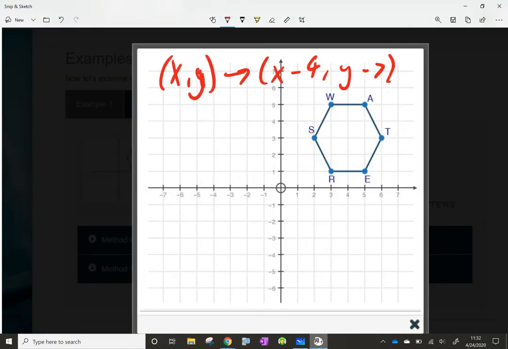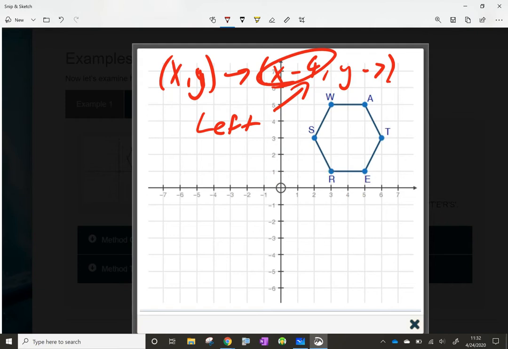Then for each of these points, let's just start maybe with the R, right? We are going to go, according to this, down 4. Or I'm sorry, not down, because x is left and right. That always messes me up. We have to go left to right first. So x minus 4, remember, is your left to right. So minus 4 would mean left 4, because you'd be going this direction.